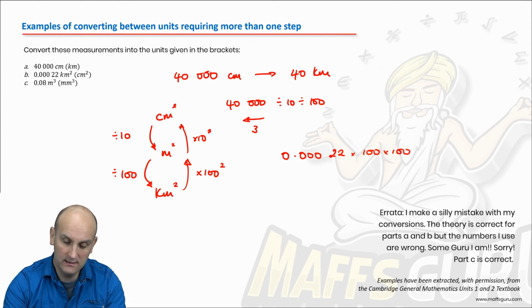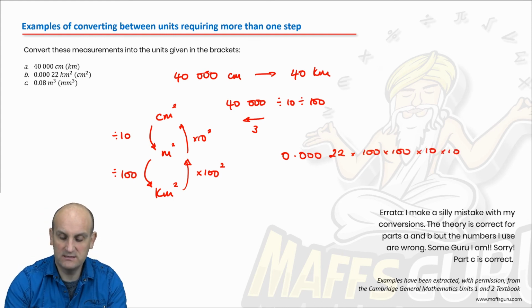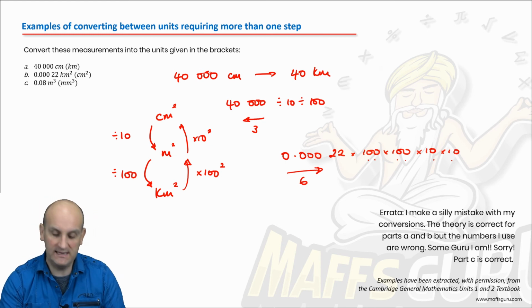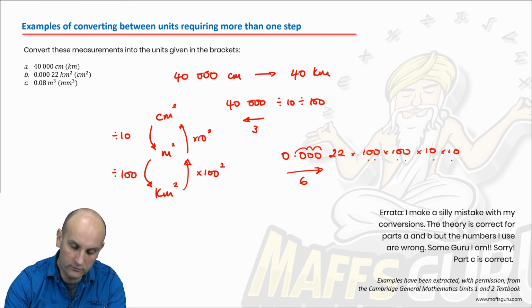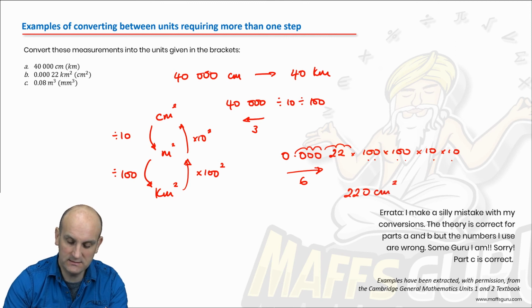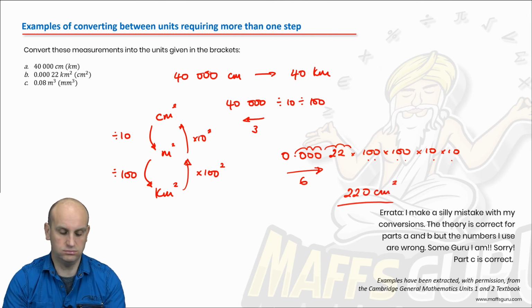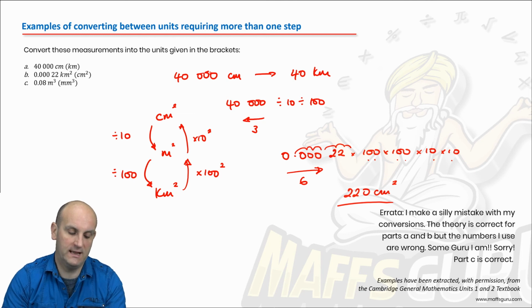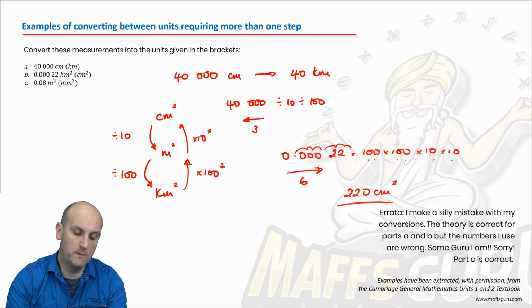That's the squared. And then I'm going to times by 10 and times by 10. So I've got 1, 2, 3, 4, 5, 6 zeros, which means I'm going to move my decimal point that way 6 places. We can do that 1, 2, 3, 4, 5, and it's going to bounce over nothing, which is going to give me 220 centimeters squared.